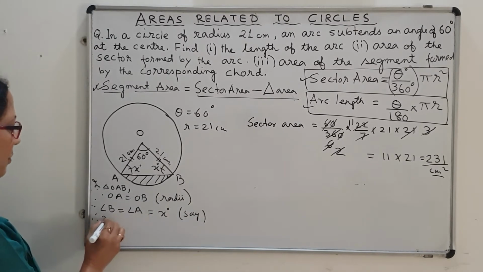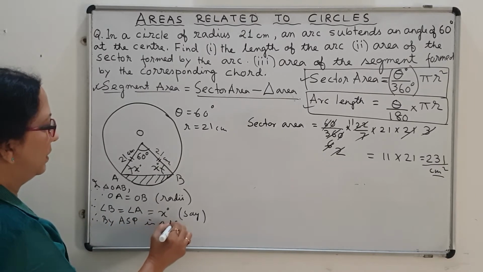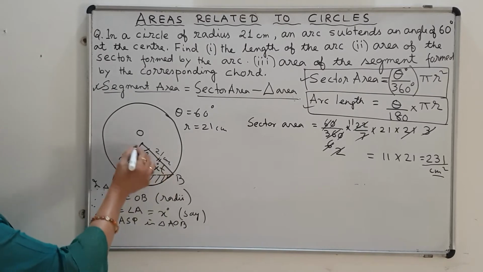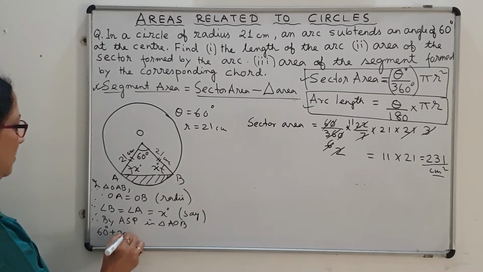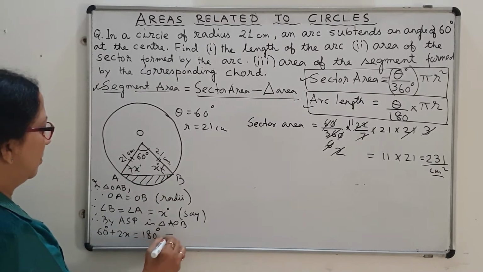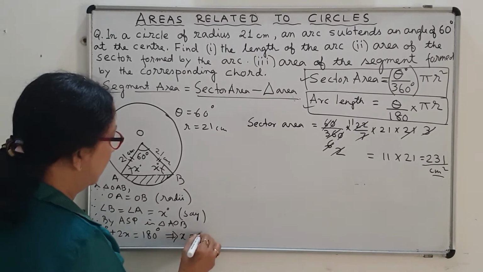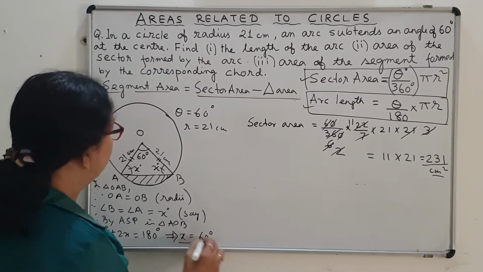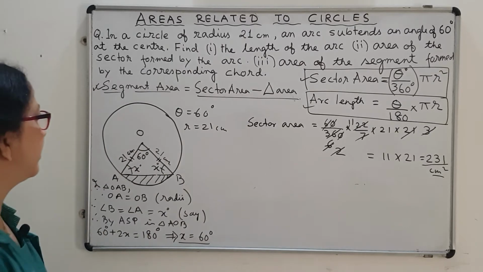Therefore, by angle sum property in triangle AOB, the sum of these three angles will be 180 degree. So 60 degree plus x plus x, 2x, is 180 degree, and by solving this what do I get? Twice x is 180 minus 60, 120, so x will be 60. So x is equal to 60 degree. So what I find is that all the angles are 60 degree.